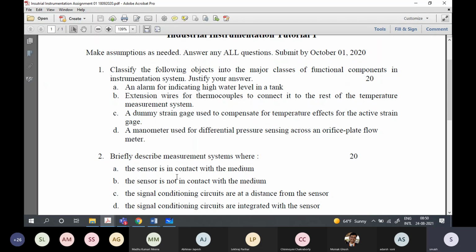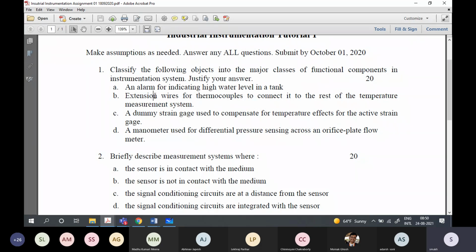So let's talk about the second one, extension wire. These are very carefully chosen examples to confuse you, to make you think hard. So the answer is not obvious.